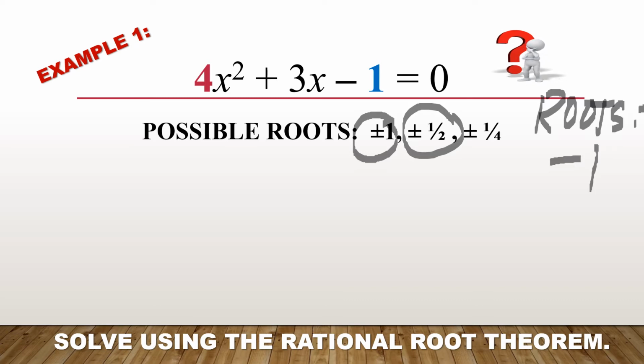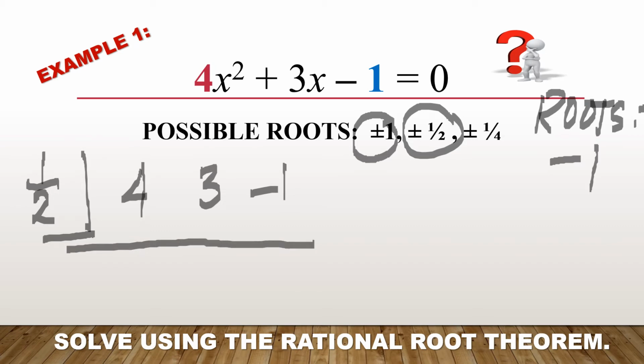So let's have 1 half. Let's have 1 half as our divisor. Then let us list the coefficients: 4, 3, negative 1. So bring down 4.